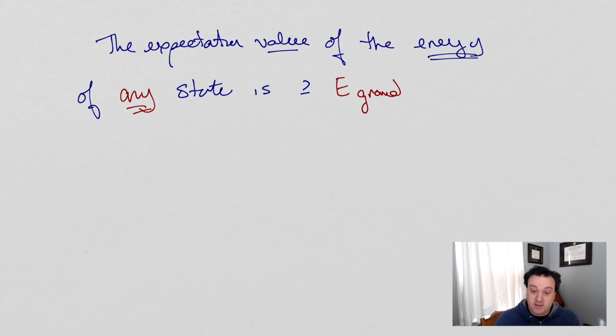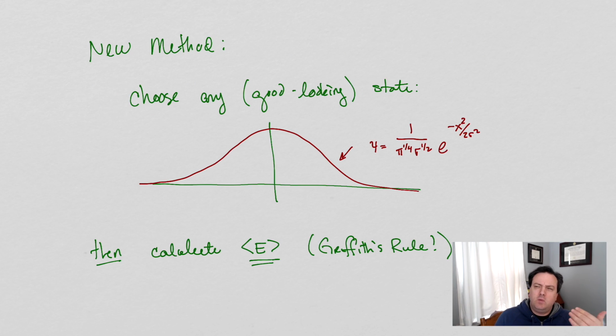Once I'm okay with that, then I can say, let me just make up a state. And if I can calculate the expectation value of the energy of that state, I know that it's still going to be bigger than or equal to the energy of the ground state.